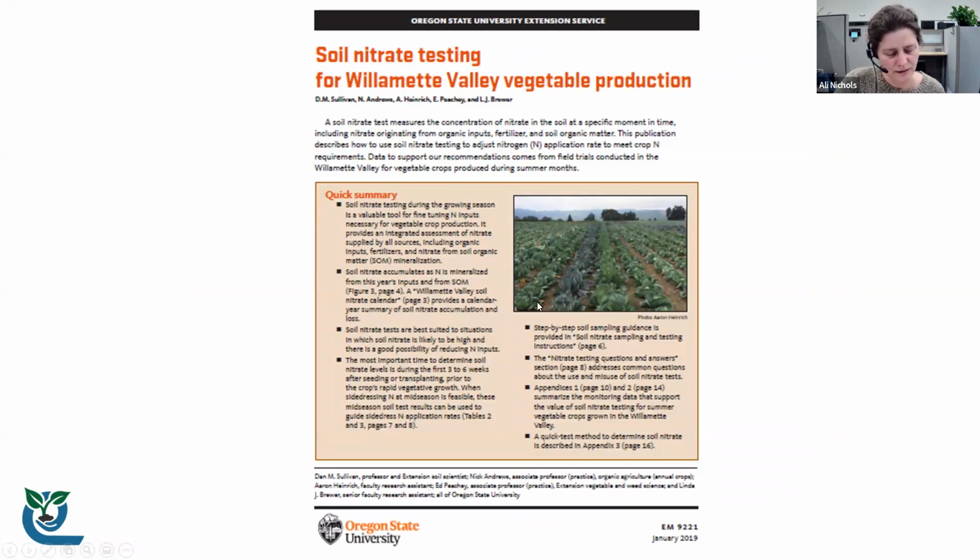It lays out several approaches for soil testing for nitrogen at various points in the season to really dial in when your crop needs the nitrogen, and whether the inputs you're providing are strategic for your system.